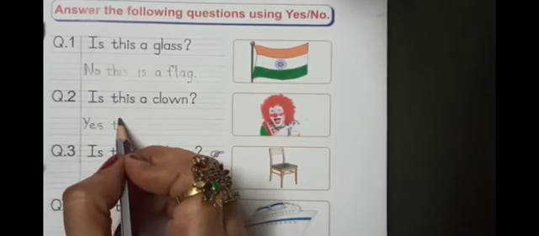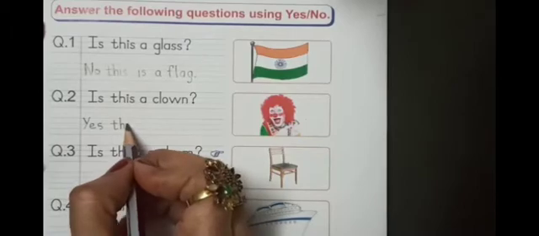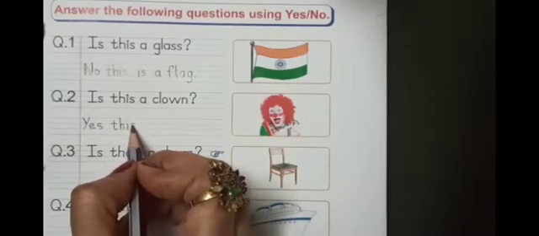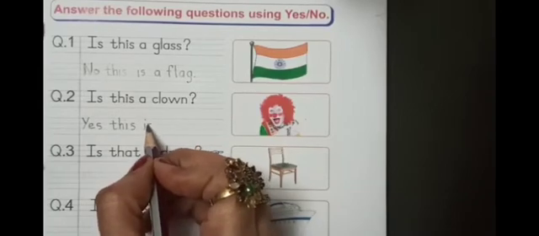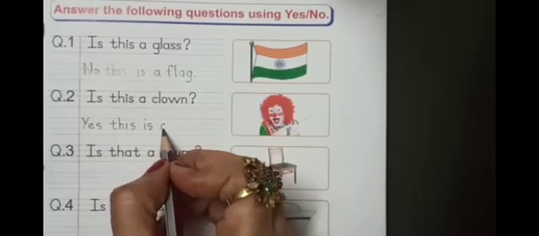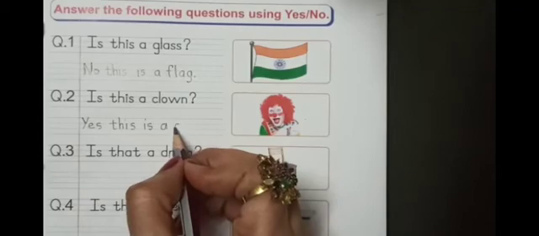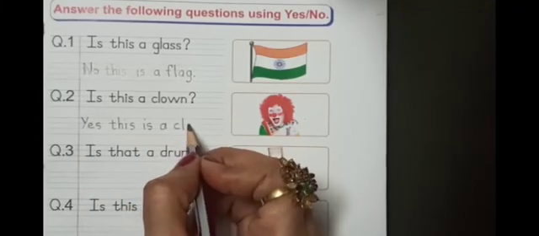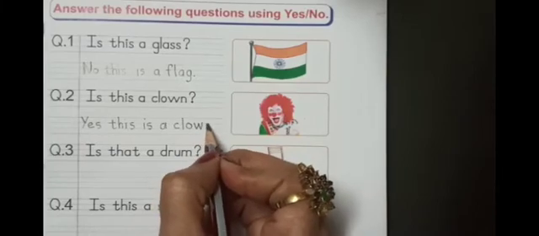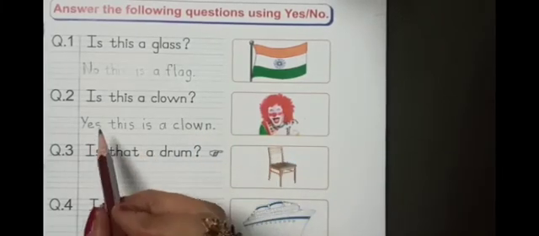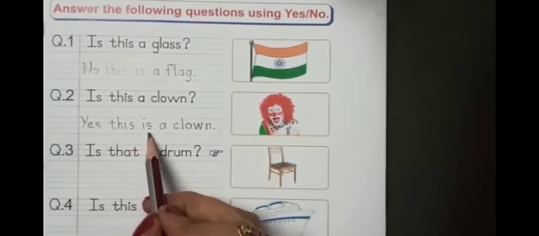T, H, I, S, this. I, S, is, a, C, L, O, W, N, clown. Yes, this is a clown.